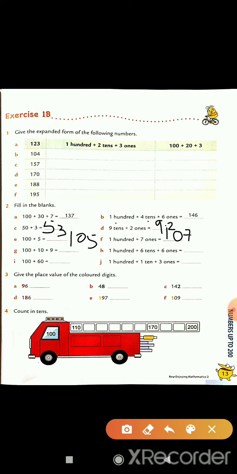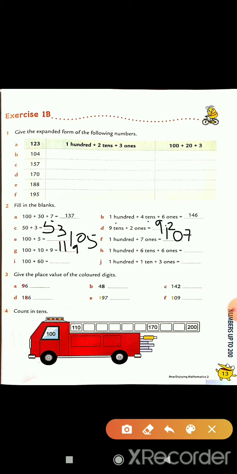Next, 100 plus 10 plus 9. In the place of 100 we have to write 1. In the place of tens, 10 is there, it means we have to write 1. In the place of ones we will write 9. So our number is 119. Next, 100 plus 6 tens plus 6 ones.